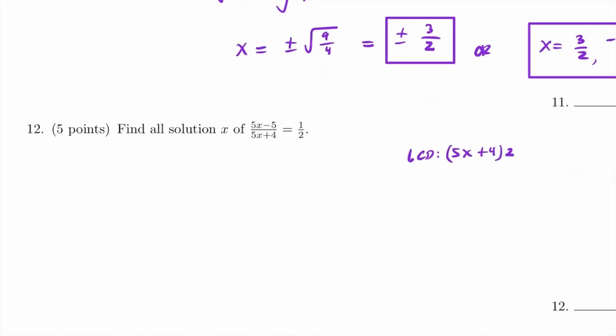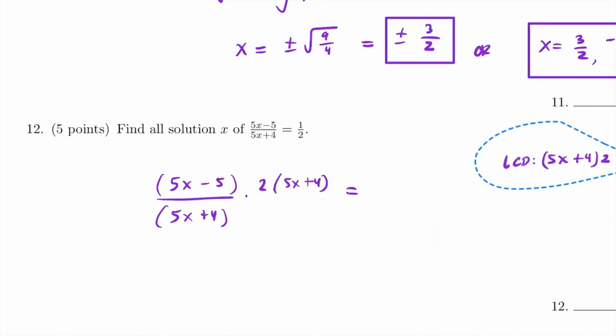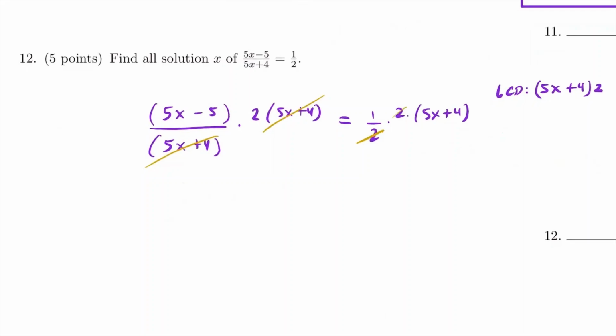So I take my equation, 5x minus 5 over 5x plus 4, and I multiply it by the LCD, which is 2 times 5x plus 4, equals, and I do the same thing on the right side as well. This is 1/2 times 2 times 5x plus 4. And now we cancel out the denominators. This will cancel with that, 2 will cancel on the right side. So this simplifies to a nice equation.